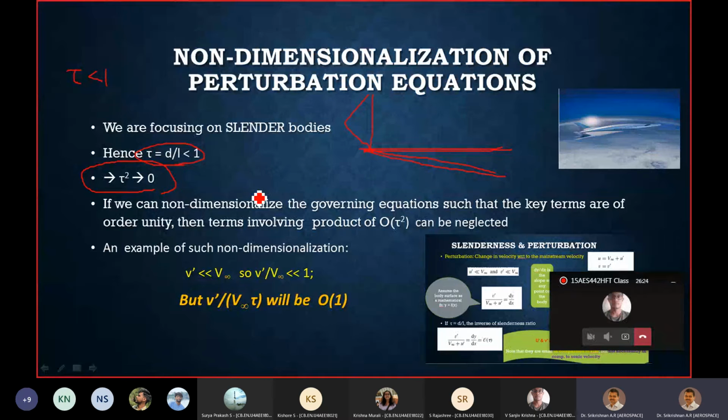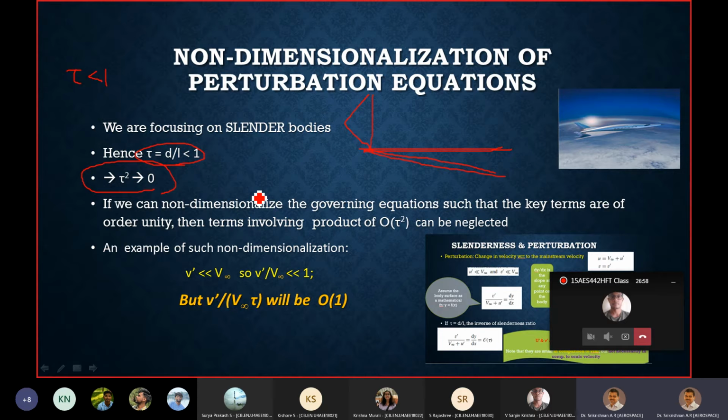Then the terms of the order of tau squared can be neglected, because in comparison with the terms of the order of unity, they are negligible.